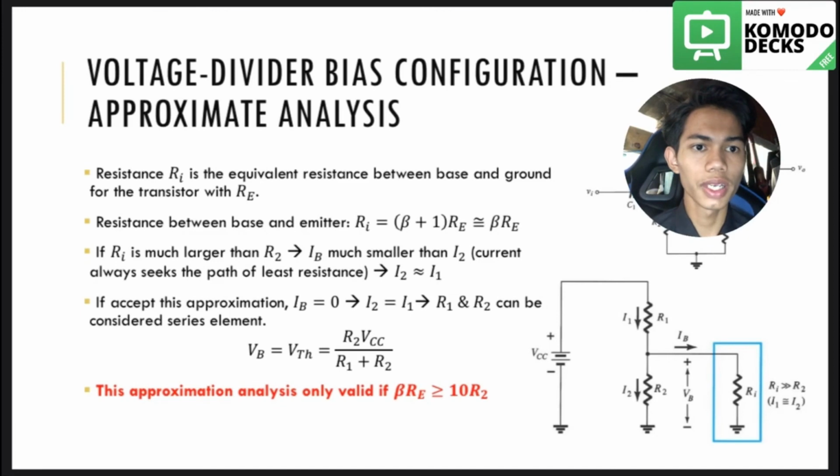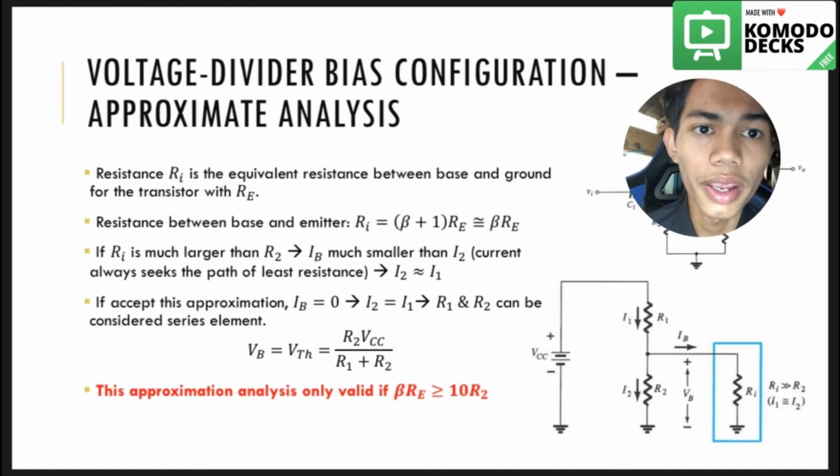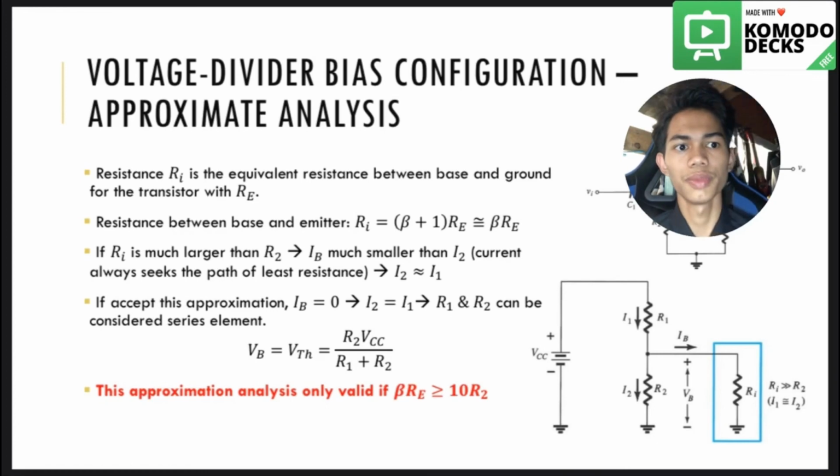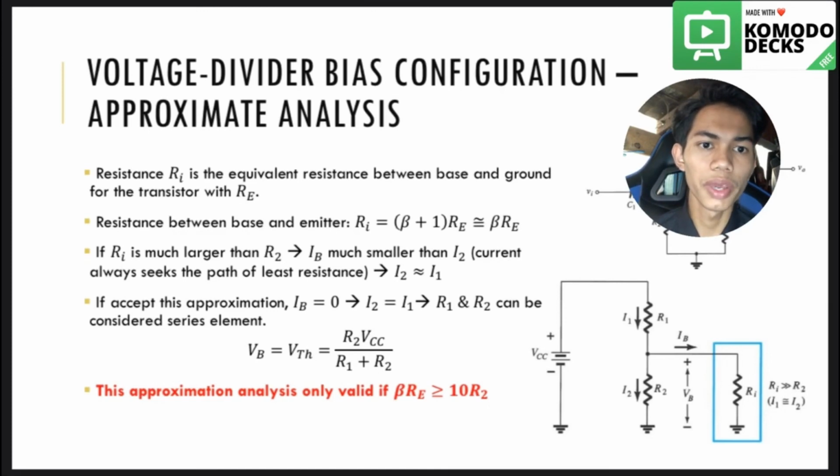Okay, voltage divider bias configuration approximate analysis. Resistance Ri is the equivalent resistance between base and ground for the transistor with RE. Resistance between base and emitter Ri is beta plus 1 RE, approximately beta RE. If Ri is much larger than R2, IB is much smaller than I2 current.